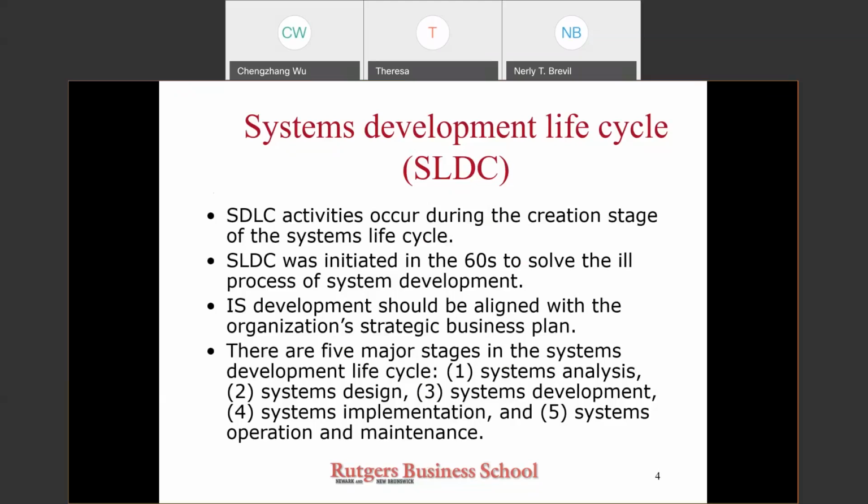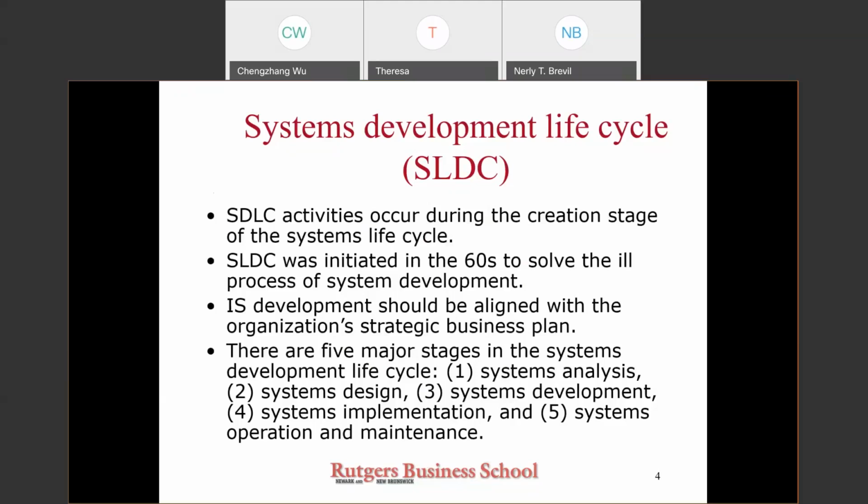You will be working as future system development people, maybe in your future work. So it is necessary for you to know how to develop a new system.